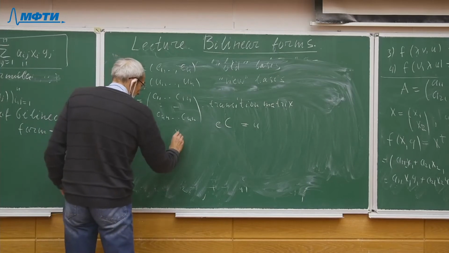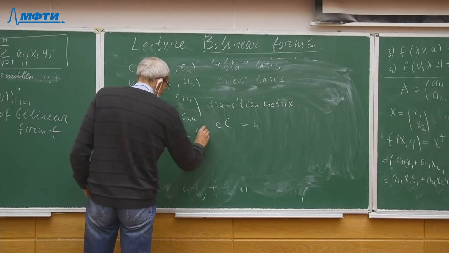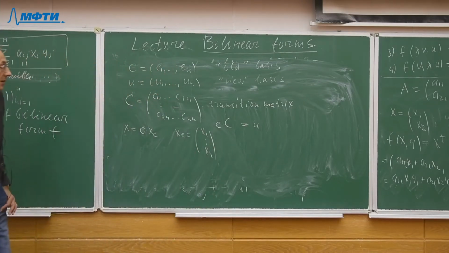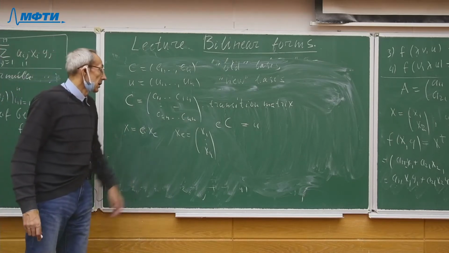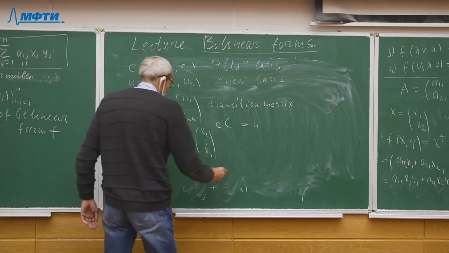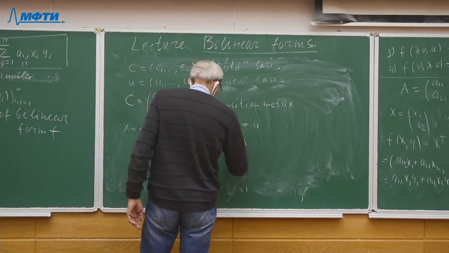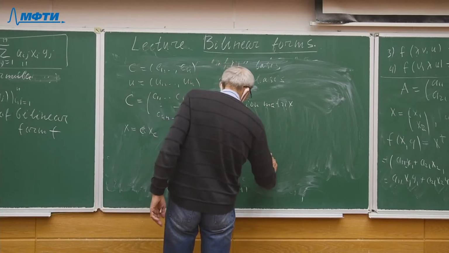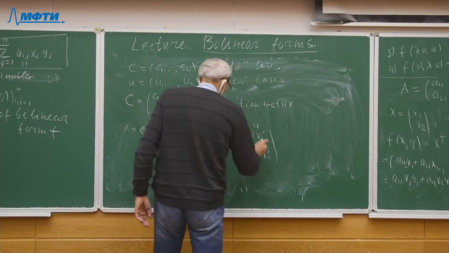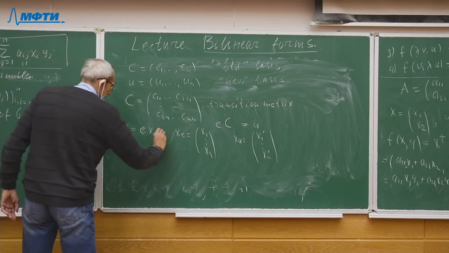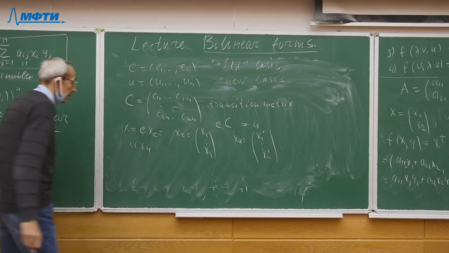And let XE be the coordinates of the vector X in the old basis E. In the same way, let XU be the coordinate vector of X in the basis U. And we have also U times XU.